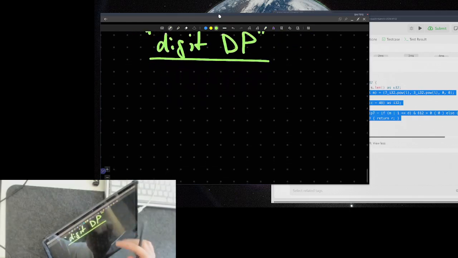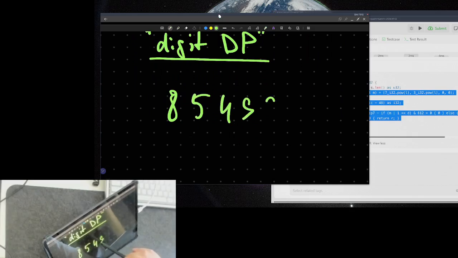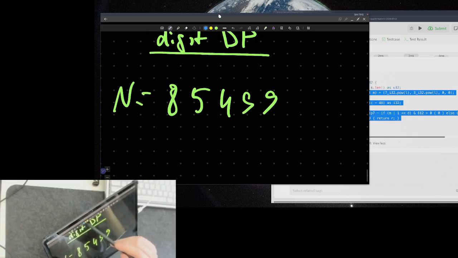Imagine we have some number 8, 5, 4, 9, 9, like this. This is our n. Now, when we iterate it, we can consider combinations.